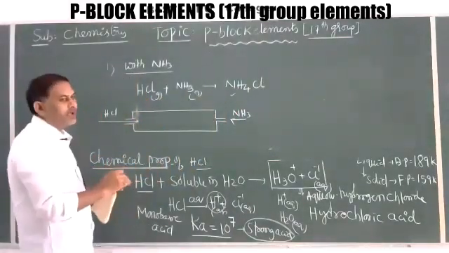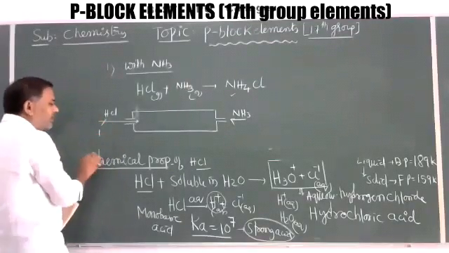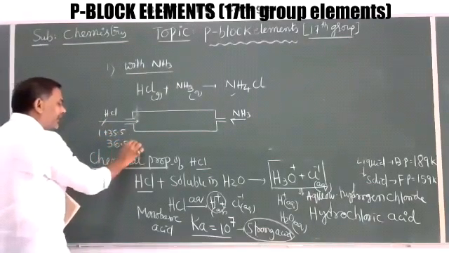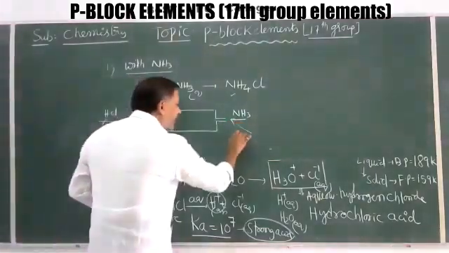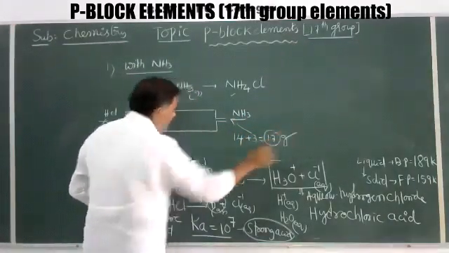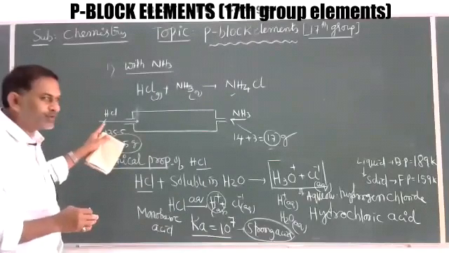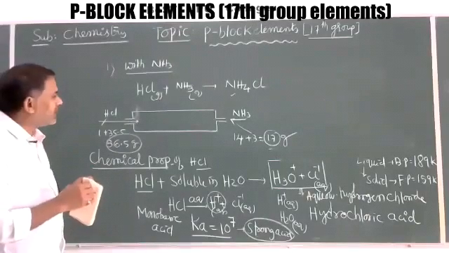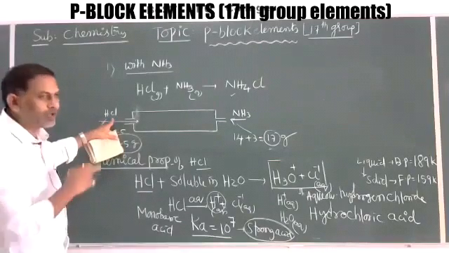But the question was created as a creativity question in IIT. Hydrogen molecular mass is 1, chlorine is 35.5, total 36.5 grams molecular mass. But ammonia is 14 plus 3, 17 grams. Which gas has the higher molecular mass? Hydrogen chloride. Its density is generally more, and its volatility is less compared to ammonia.